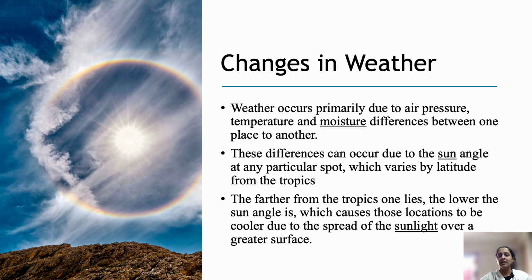The differences occur due to the sun's angle at any particular spot. Because the sun is far off and earth is here, if the sun is above, if the sun is right in front, if the sun is down, the weather is going to change. On the earth we have latitudes, we have longitudes, we have tropics. So there is the Tropic of Cancer and the Tropic of Capricorn.